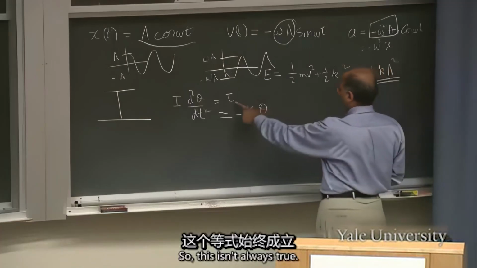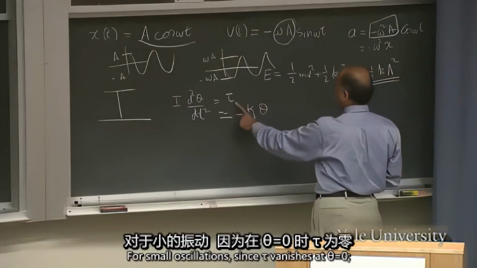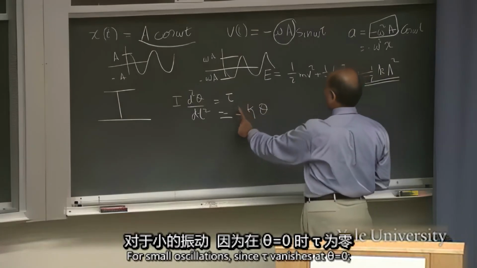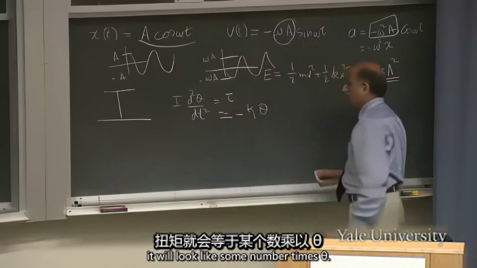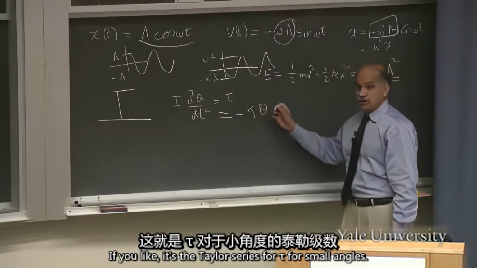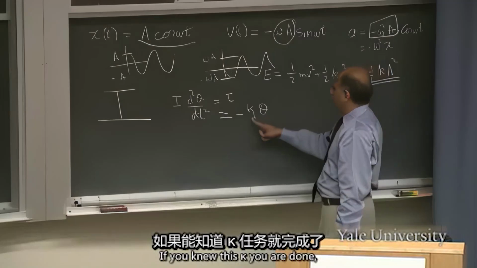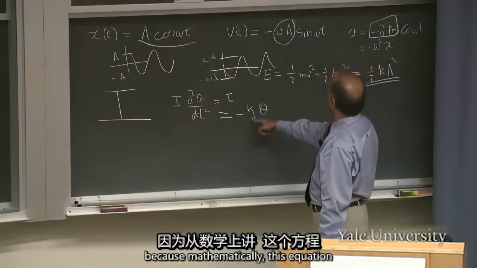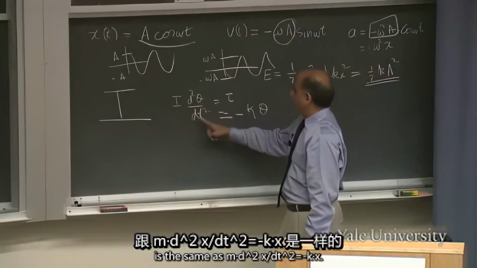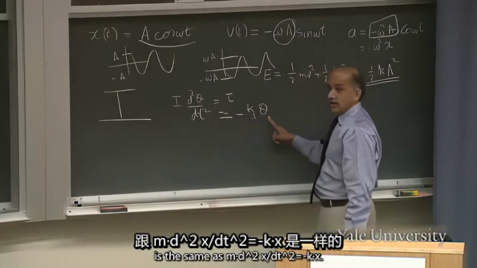So this is always true. For small oscillations, since tau vanishes at theta equal to 0, it will look like some number times theta. If you like, it's the Taylor series for tau for small angles. If you knew this kappa, you are done, because mathematically this equation is the same as m d2x over dt squared is minus kx.